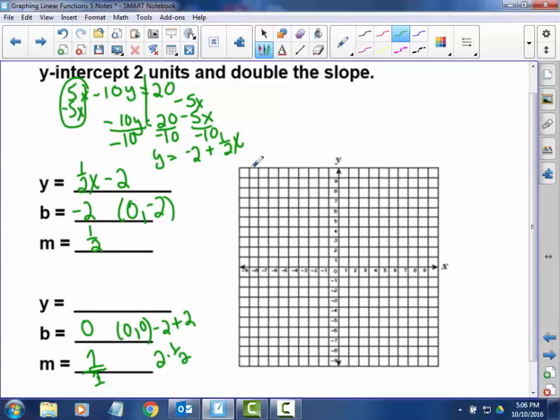All right, so now we put all that together. I'm going to change back to my black because that's going to represent your pencil. All right, and we're going to start at 0, negative 2. And we have a slope of 1/2, so that means up 1 and to the right 2, or down 1 and to the left 2. And then we just keep carrying that out until we run out of space. And we reverse, go the other direction.